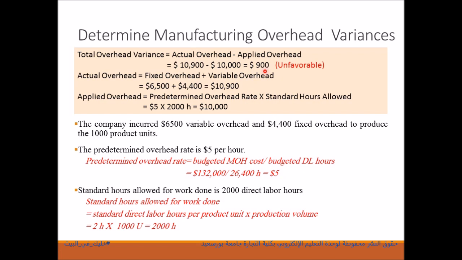Such a variance is analyzed into material variance, $1,020 unfavorable material variance, labor variance, $1,080 unfavorable labor variance, and overhead variance, $900 unfavorable overhead variance.